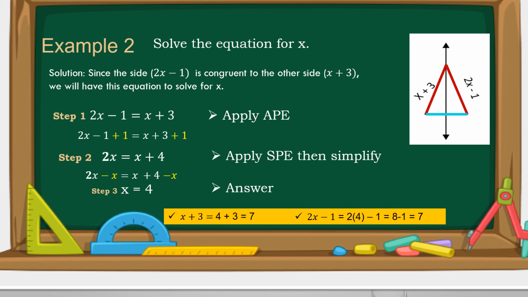We substitute 4 for x, so we have 2 times 4 minus 1, which is 8 minus 1, which is equal to 7. So 7 equals 7, meaning they are congruent. So our solution is correct, that x equal to 4 is the answer.